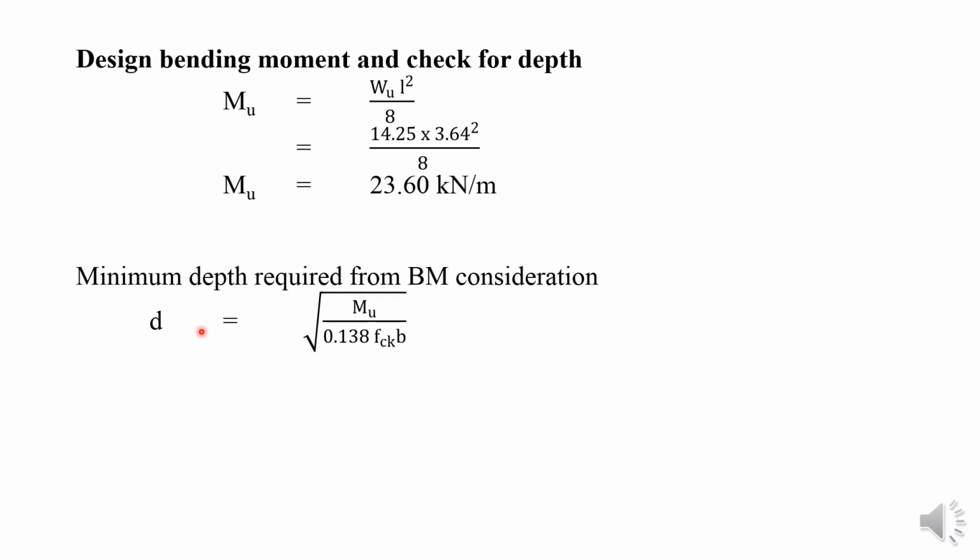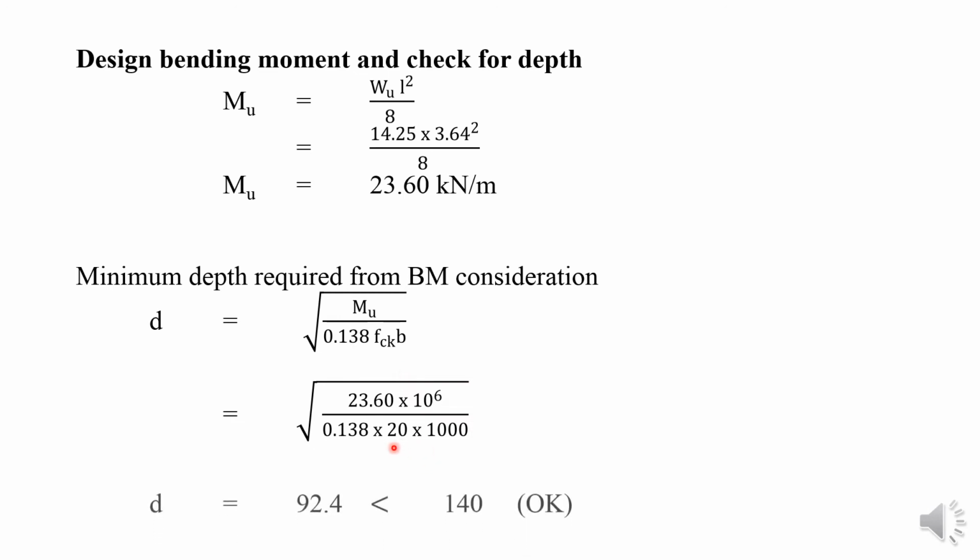So from this we determine d is equal to square root of Mu divided by 0.138 fck into b. So substitute all the values here. Finally, you will get a value of 92.4, that is less than what we provided. So for this moment, we require only 92.4 mm depth, but we already provided 140 mm. Hence, this depth is enough to carry this moment. So hence this is safe.